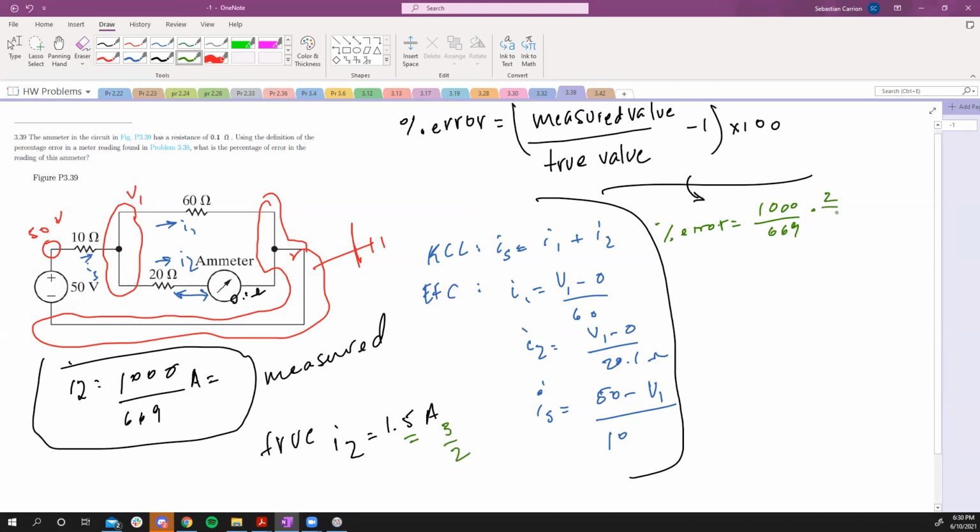So you can just say 2 over 3 minus 1 times 100. I'm going to do that in my calculator. 1,000 over 669 times 2 over 3 minus 1. Here, let me figure that out.